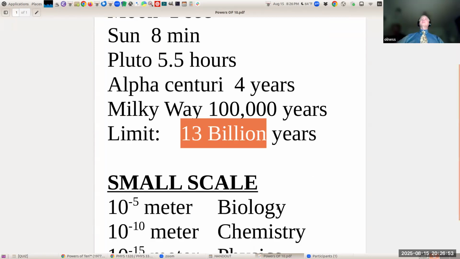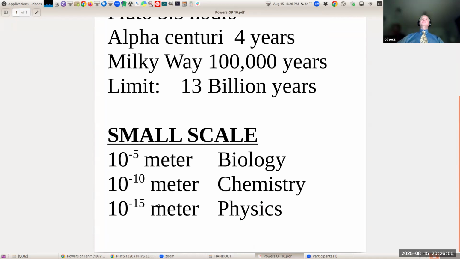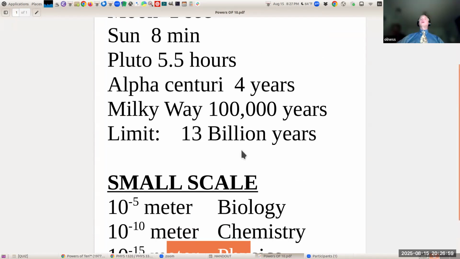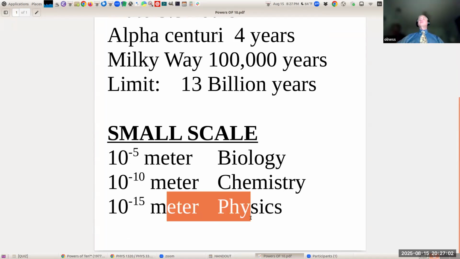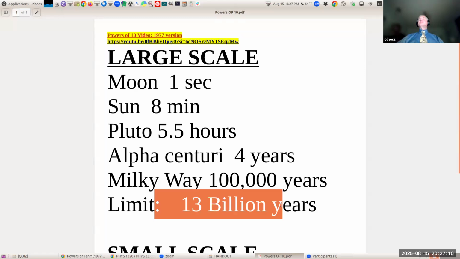It's not like the laws of physics only apply down here, and then you have to change to another set of laws and another set of laws. The laws of physics, gravity, electromagnetism, the strong interaction, apply all the way from the smallest scales we've discovered to the largest scales of the universe. And that's something quite elegant about physics.